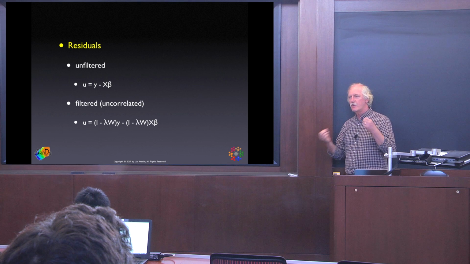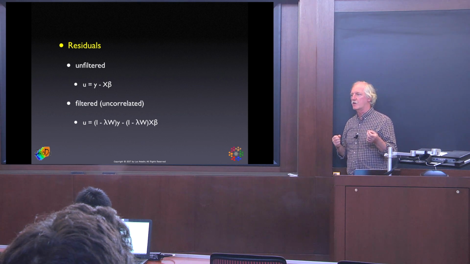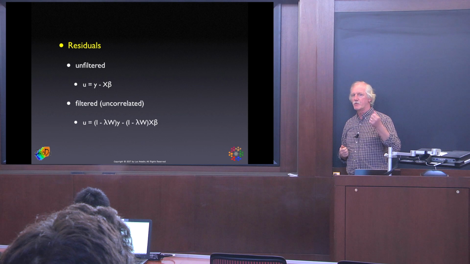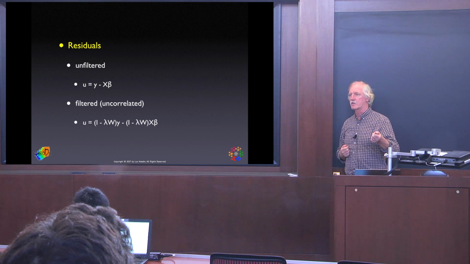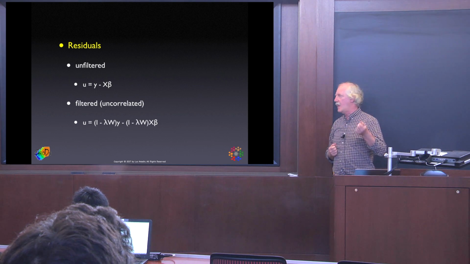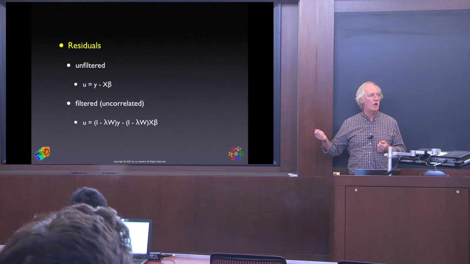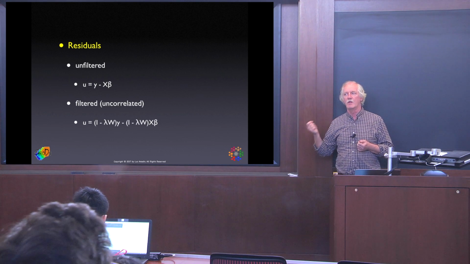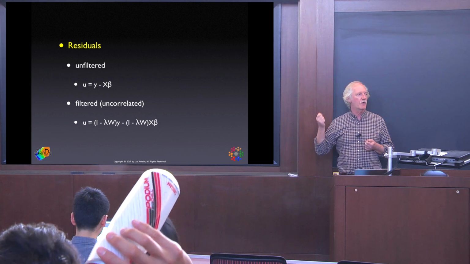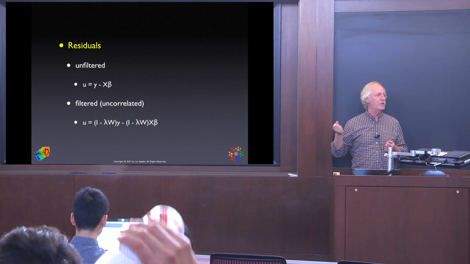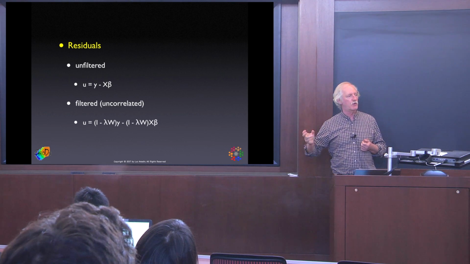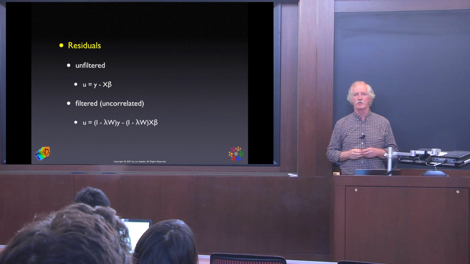So in each of these models, we have something non-standard. In the lag model, it's the predicted value that's non-standard. So the predicted value in the lag model should really be based on the reduced form. In the error model, it's the notion of a residual that is non-standard. And if you want residuals that are not spatially correlated, you have to construct the spatially filtered residuals.